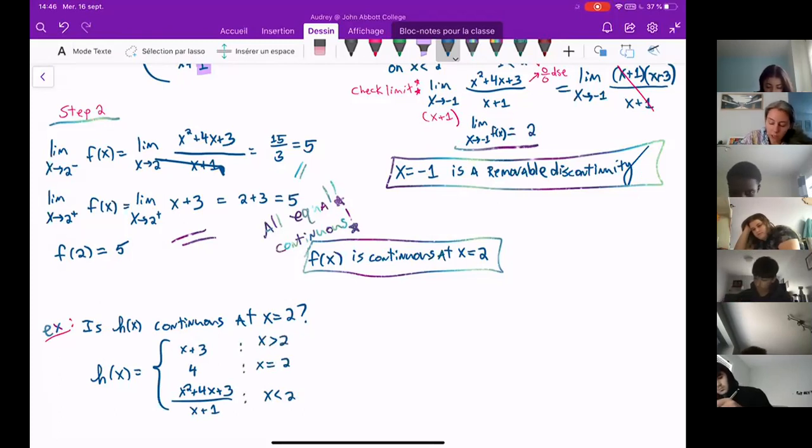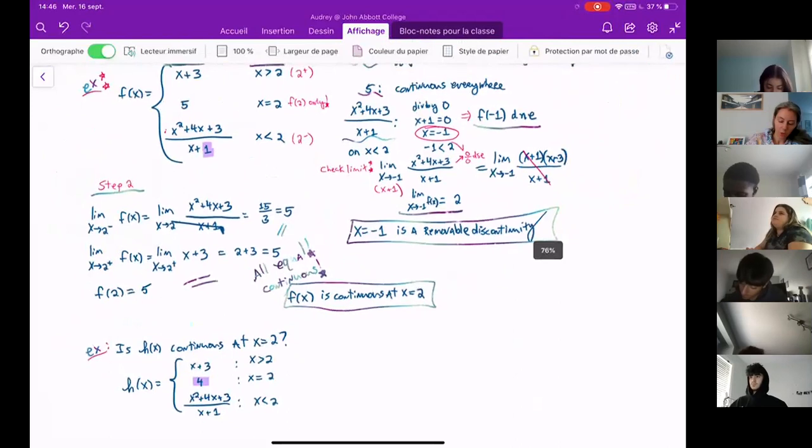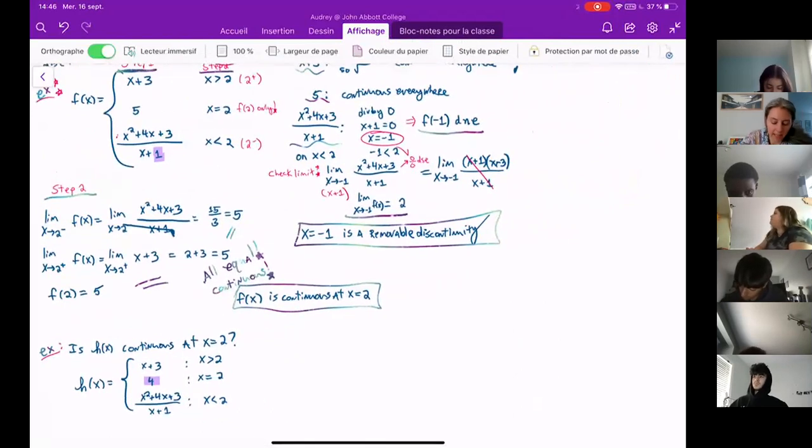So the only thing that changed from the above and this, I'm going to just zoom out a little bit so we can see it all at the same time. The only thing that changed is that instead of having a 5, I had a 4.